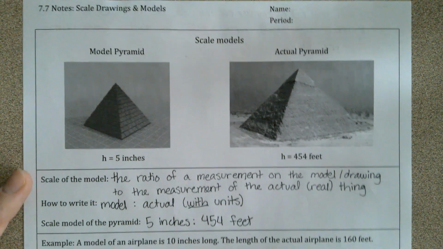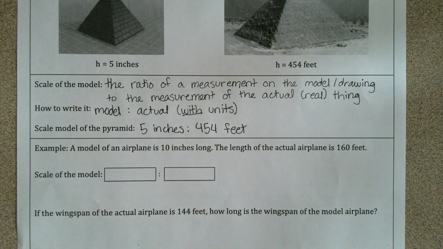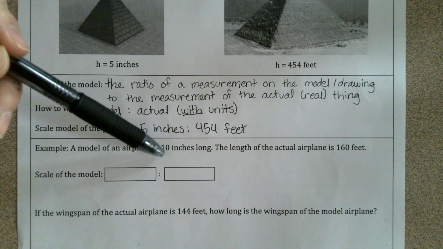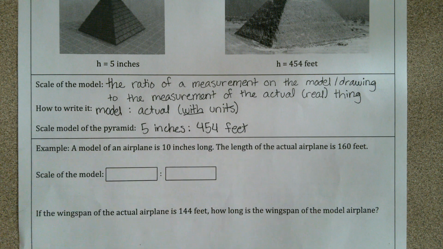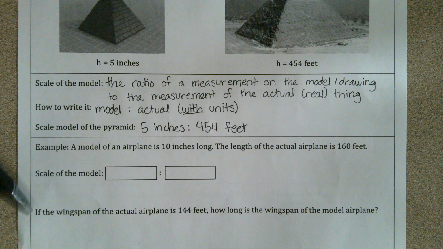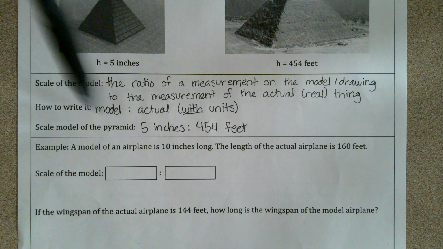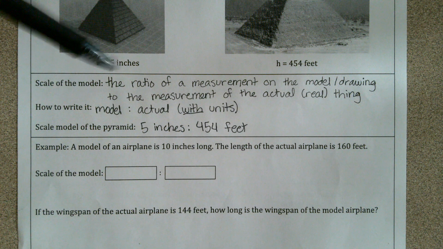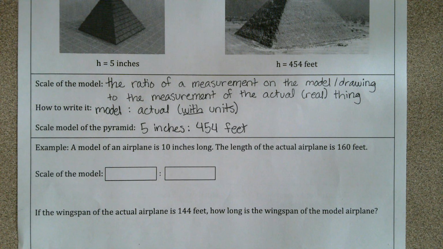So, in our first example here, we actually switched to a model of an airplane that is 10 inches long. The length of the actual airplane is 160 feet, and it wants us to write the scale of the model. The scale of the model is a vocab term. You don't really need to be super familiar with the definition, just understand that the scale of the model is comparing the size of the model to the size of the actual thing.